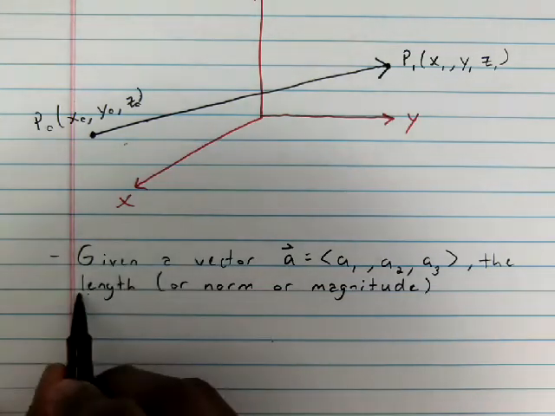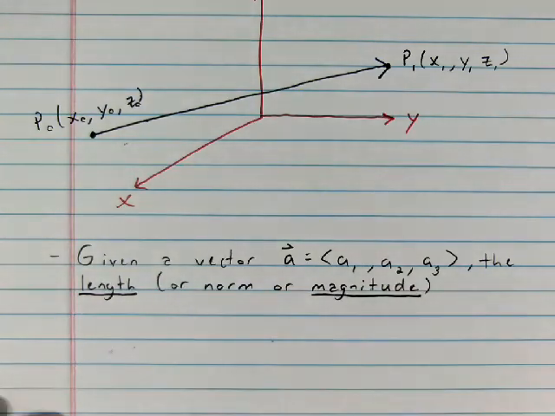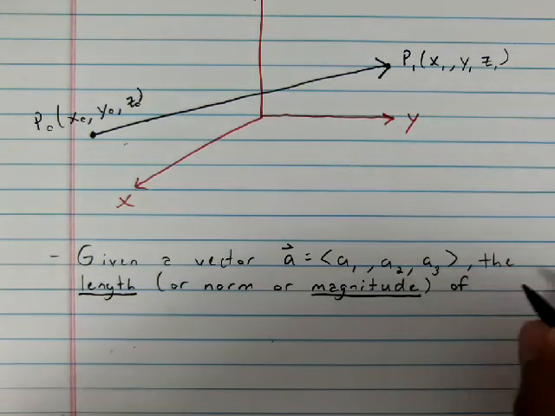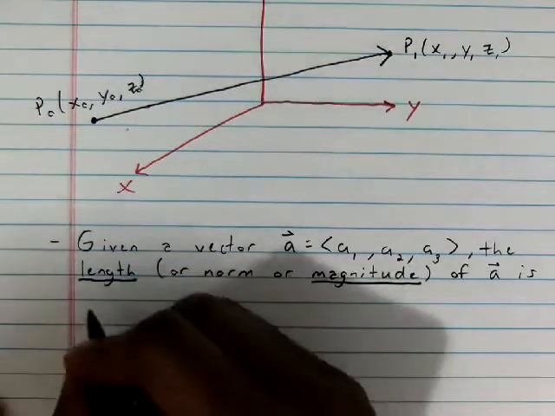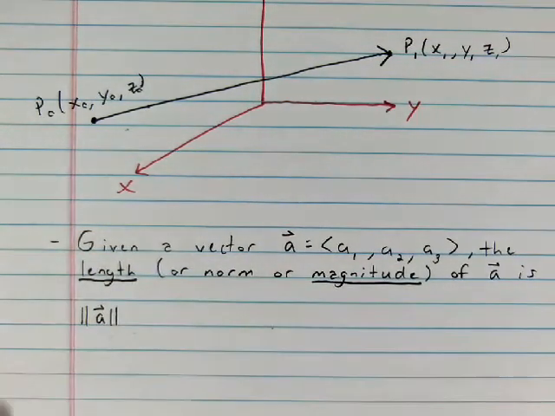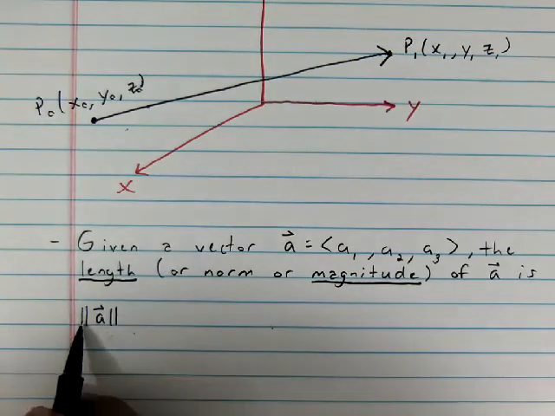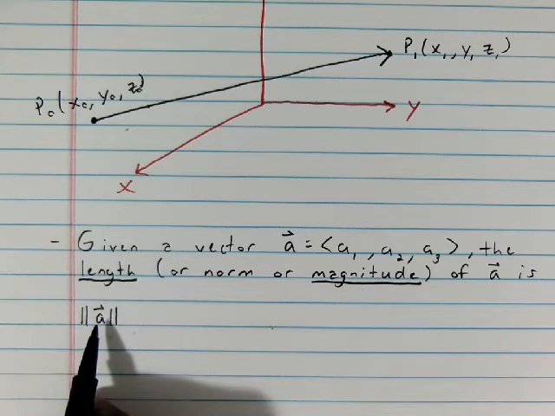So the length, or magnitude, of A is denoted with two vertical lines on either side of the vector A. Please make sure you use vector hats when you're writing your vectors and don't leave that off, because without a vector hat, then it's just a number, and a vector and a number are two very different things.